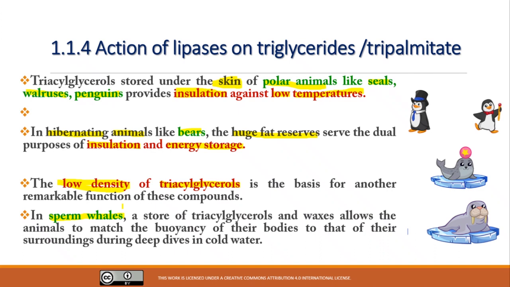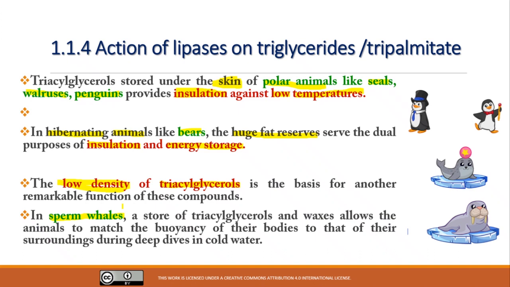So these sperm whales have on their head a particular organ to store this triglyceride in the form of spermaceti oil. Now, when this whale goes into the deep ocean where there is a low temperature, this spermaceti oil will get solidified, and that's how this whale can match the buoyancy of the water at the underwater level.